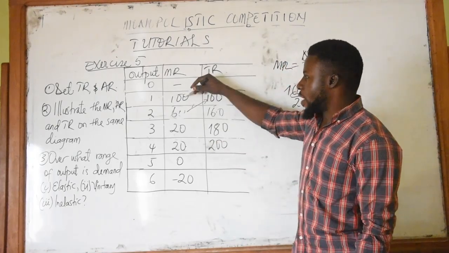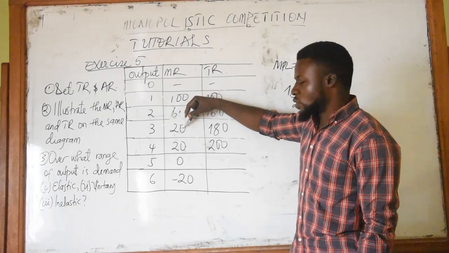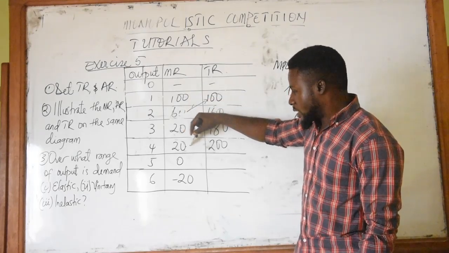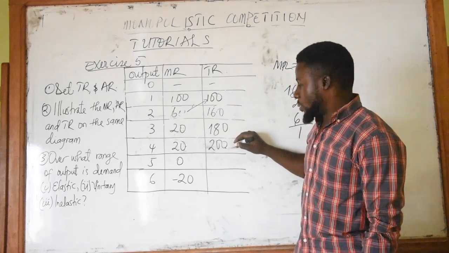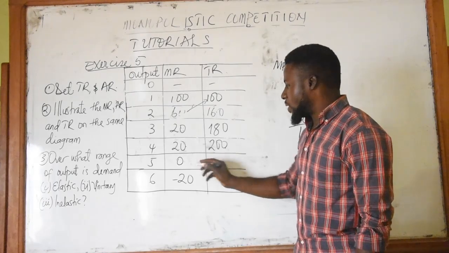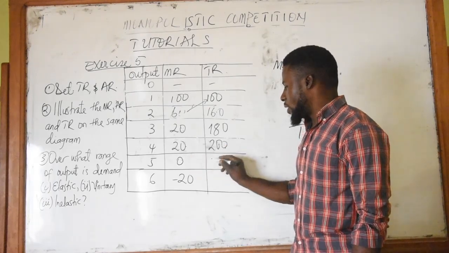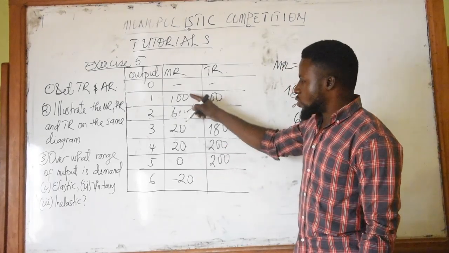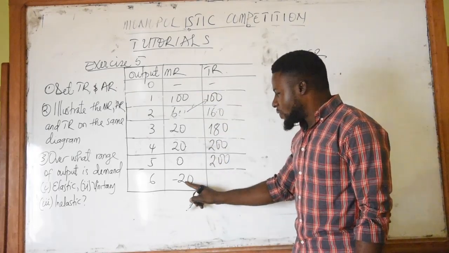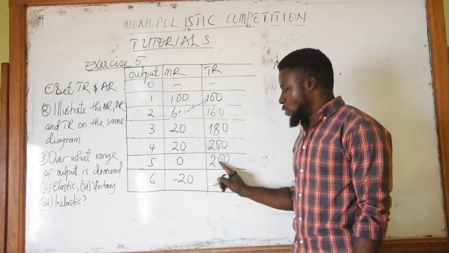Or you say 100 plus 60, 160 plus 20, 180 plus 20 again, gives you 200. That is the corresponding total revenue. You get to the next and do the same thing. 0 plus 200 gives you 200. You get to the next, negative 20 plus 200.